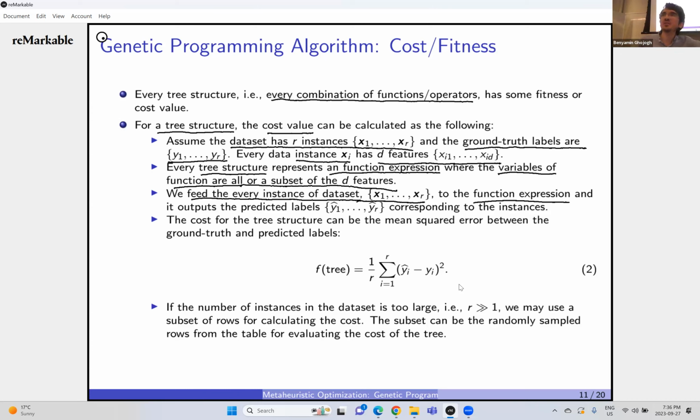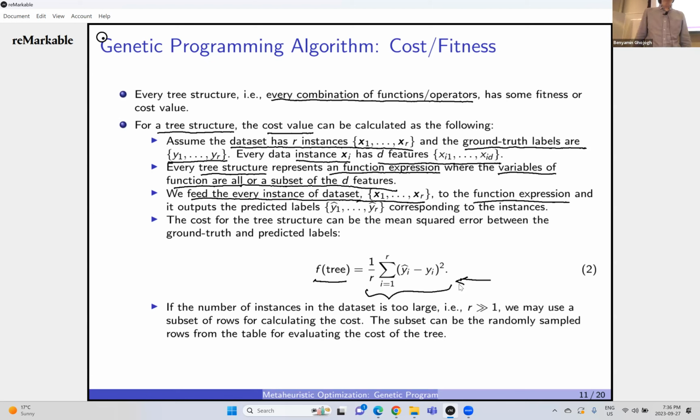I feed every vector to it, and I will have R predicted outputs. Then I also have R actual labels, so I can calculate the mean squared error between them. Yi hat means the predicted output of that tree for the ith data, and Yi is the actual or ground truth label for xi. This can give me the cost.